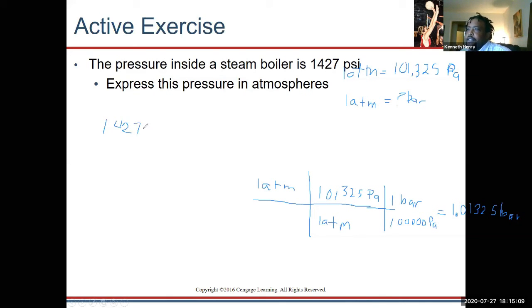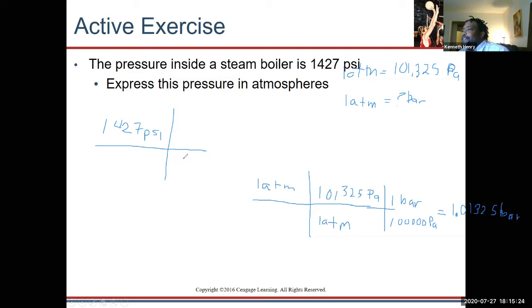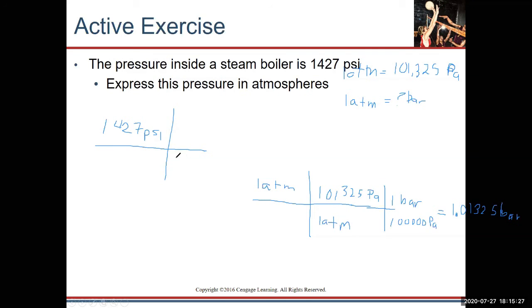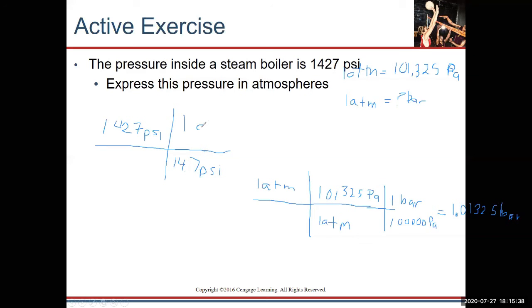And then you'd use your equivalency. What is the equivalency? 14.70 psi equals one what? Atmosphere. Okay.